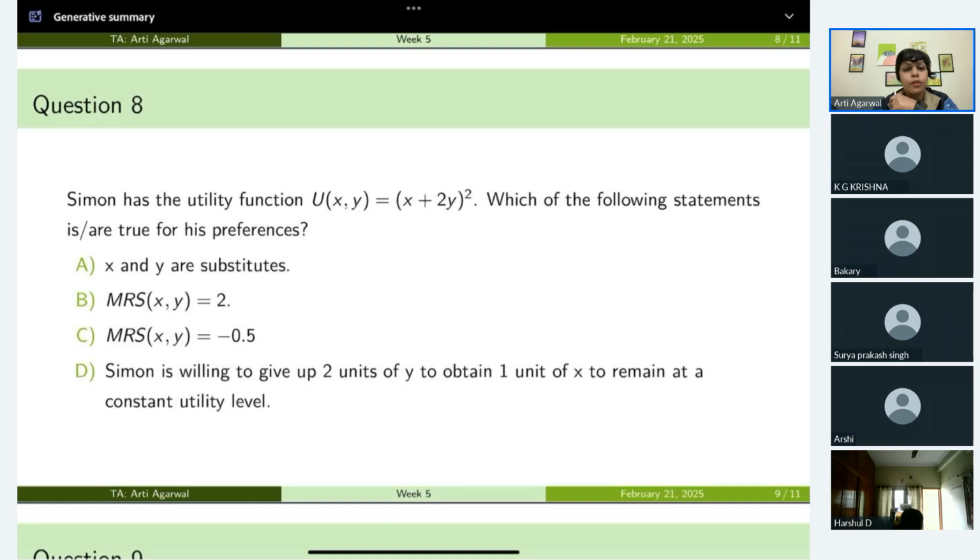Then you are asked to calculate the MRS, and then, if Simon is willing to give up 2 units of y to obtain 1 unit of x, to remain at the same utility level. I'll give you a few minutes to think over it. We don't have that much time left, but we have enough time. So please think and calculate the MRS, and then I'll discuss it.